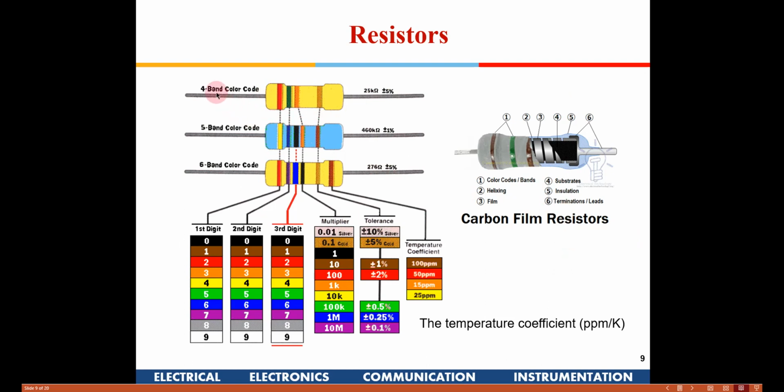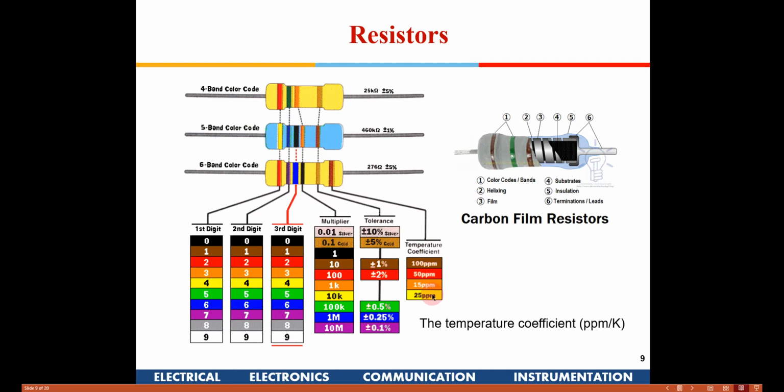Now, if you see, this is 4-band, 5-band. There could be something known as a 6-band also. When I say 6-band, then the sixth one will be the temperature coefficient. That we generally don't use much, but in some circuits which require very high accuracy, this band will indicate what the deviation is when the temperature changes, in parts per million per Kelvin.